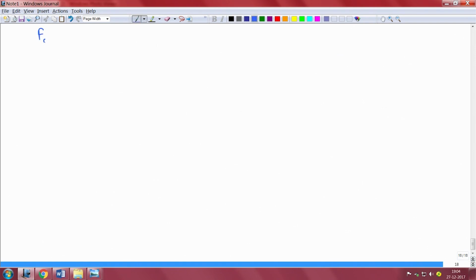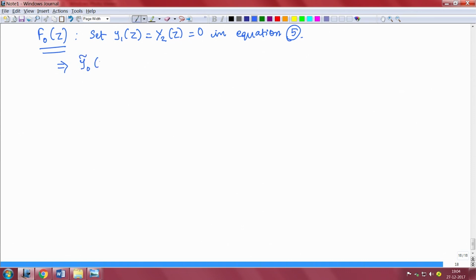So, first let us compute f0 of z. So, we set y1 of z equals y2 of z equal to 0 in equation 5. So, this basically gives us y0 tilde of z equals y1 tilde of z equals y2 tilde of z equals 1.